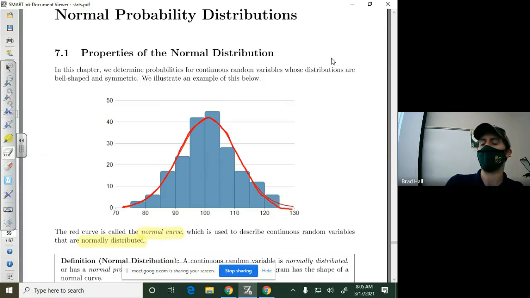This is used with heights of individuals, weights as well, heartbeats of individuals. There's a whole bunch of different applications. This is used a lot to get expected values and understandings of people as a whole based off of the trends of perhaps some sample, like we talked about in the beginning of this semester.